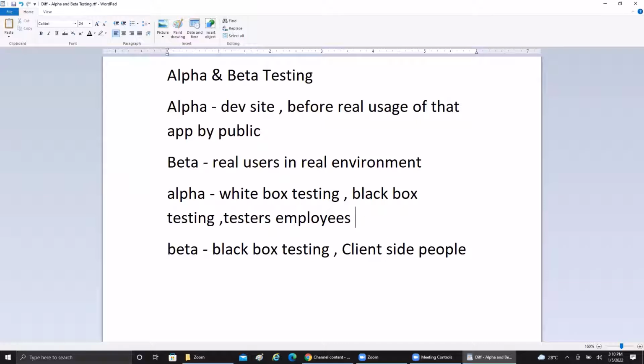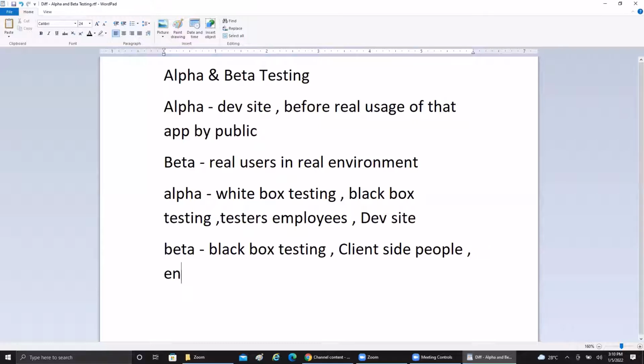Okay, now the third difference is where it is performed. As I told, alpha is performed at the developer side or the testing environment. But beta testing is carried out at the end user space.